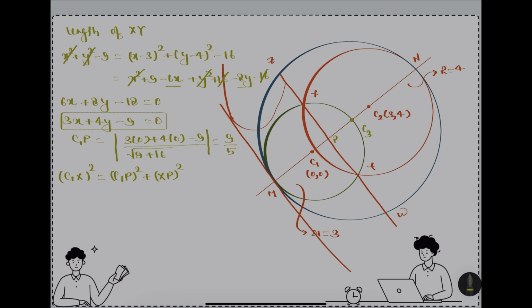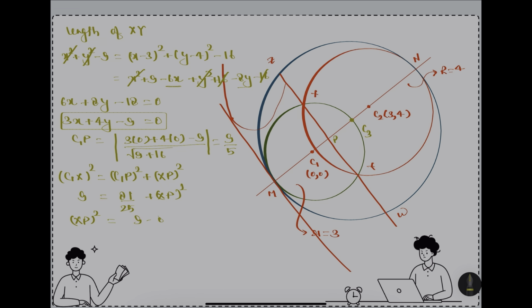Now C1X, we know that it is the radius of green circle, which is 3, so it will become 9. C1P is the shortest distance, 9 by 5 squared, so it is 81 by 25, plus XP square. So XP square will become what?